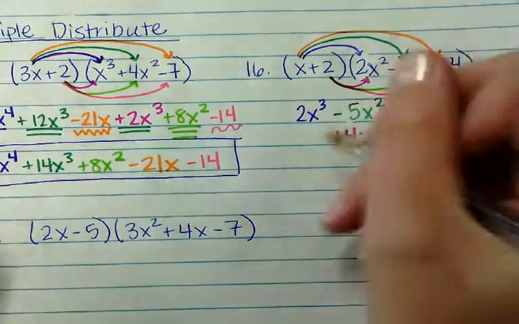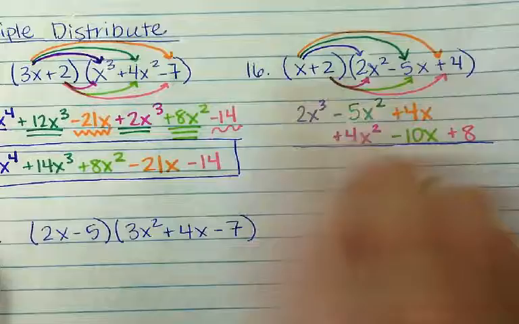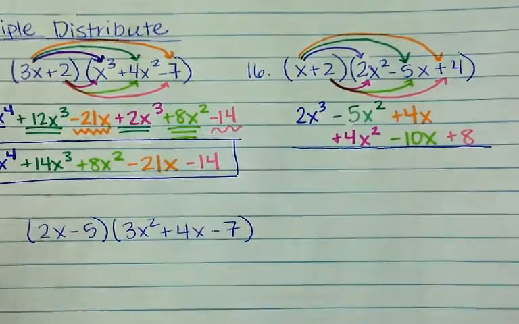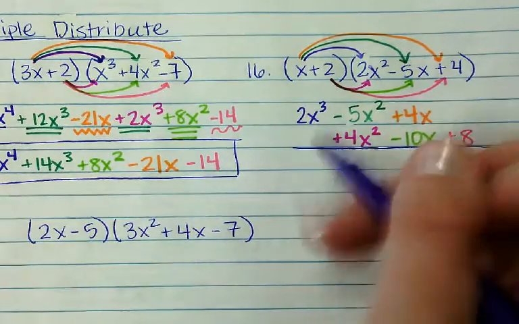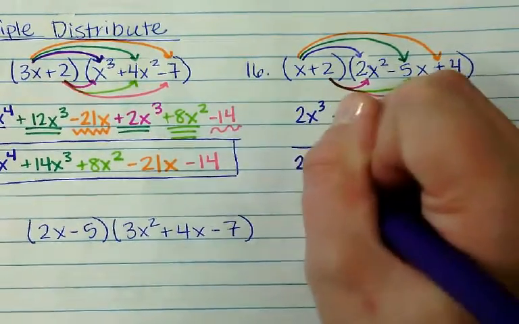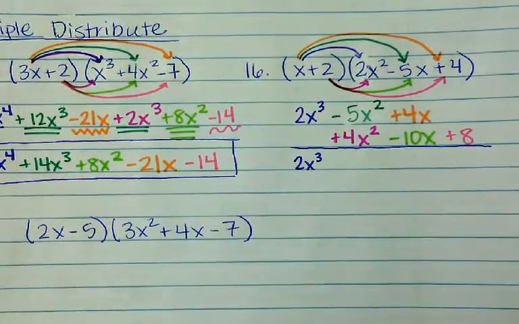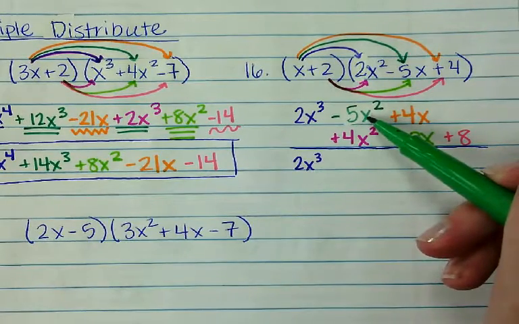So then we're going to go here, and I'm going to say 2x cubed. Well, there's nothing underneath it, so it's just 2x cubed. Negative 5x squared. Oh, did I do something wrong? Oh, plus 4x squared is just going to leave me with negative x squared.